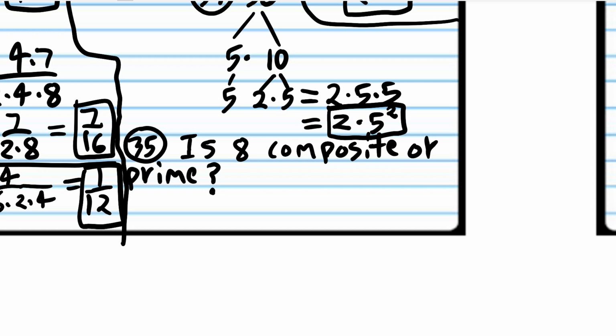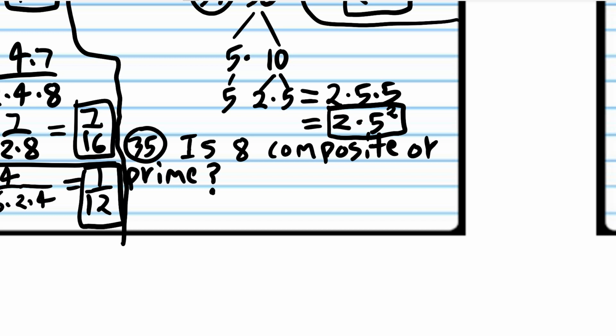You never know. This is just part of the curriculum. You're expected to know this. So can you break down 8? Can you factor it further, or can you not factor it further? So see if you can do that one, and when you come back, we'll do it together.